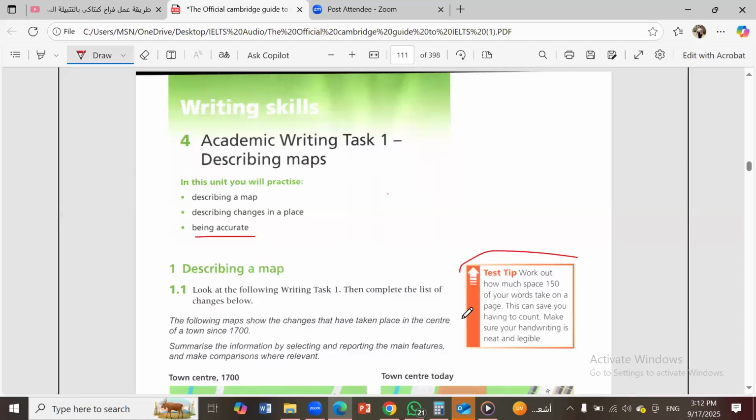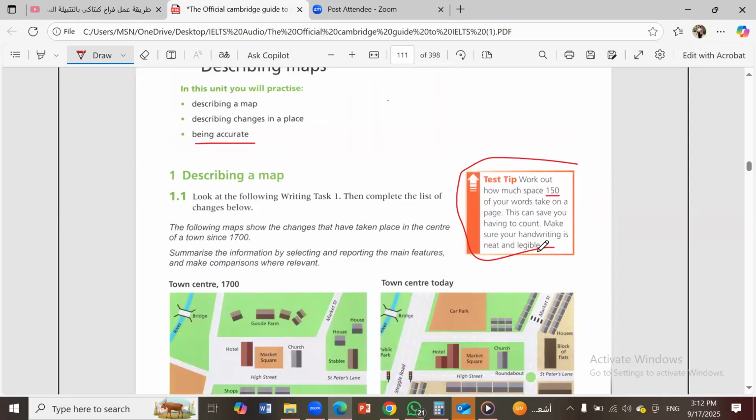So in this test, how can we deal with the map? To work out how many words, 150, take a page. This can save you having to count.